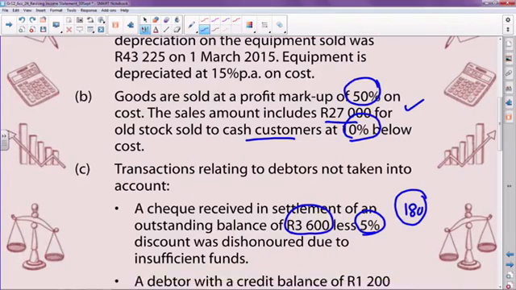Because a check was received in settlement of an outstanding balance of 3,600 less the 5% discount. So there's your discount of 180 Rand. If you are cancelling the check, remember, you're going to debit debtors control with the full amount of 3,600. So let's do this so that we have it as part of our calculations, because we're going to need that figure.